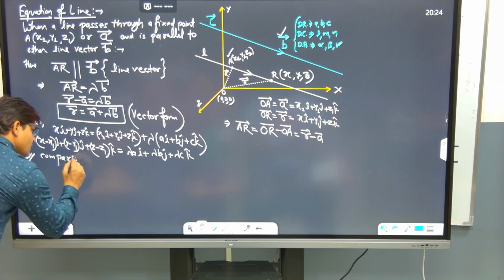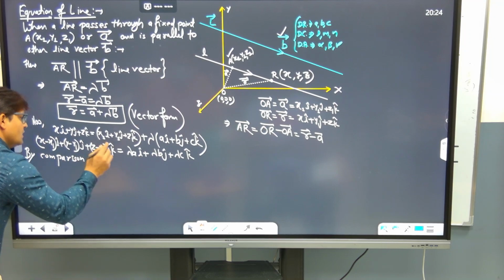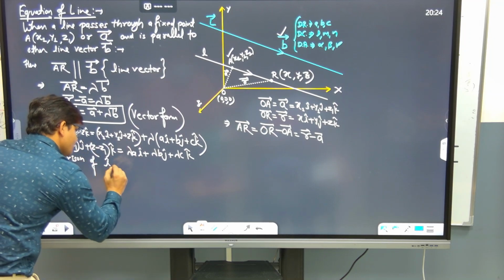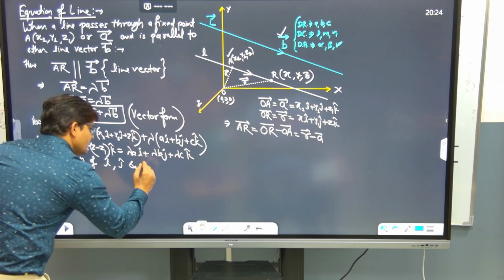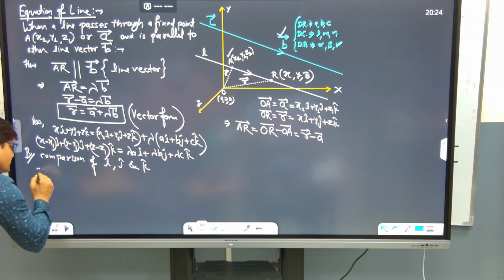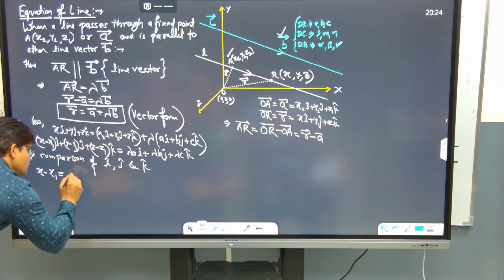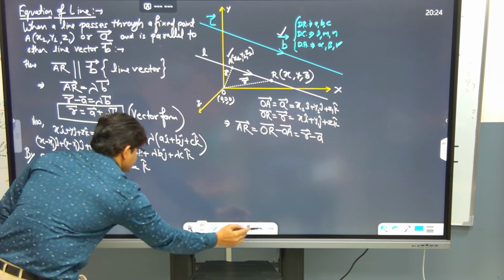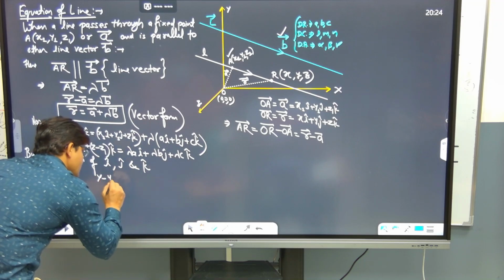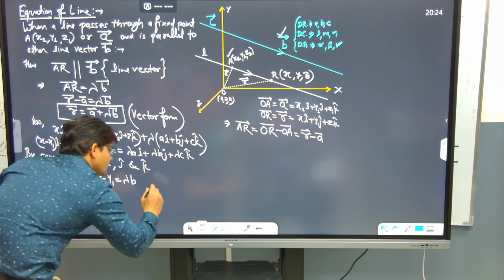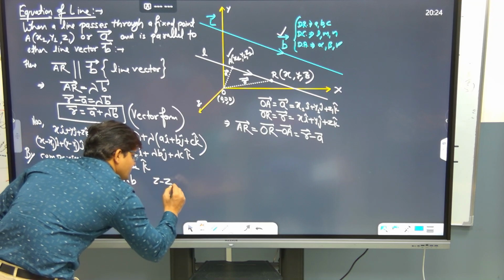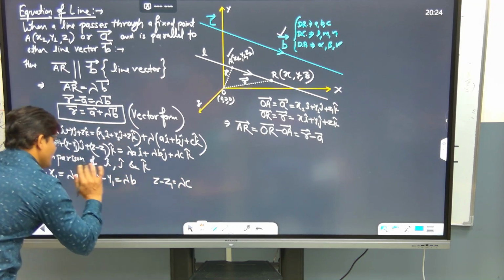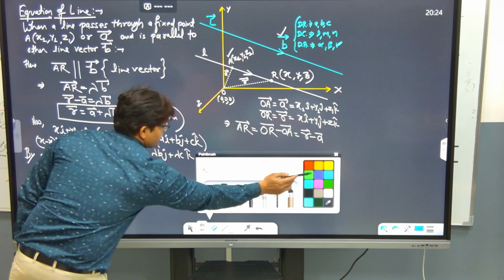By comparison of i-cap, j-cap and k-cap, we have three different things. First, x minus x1 equals lambda a. Second, y minus y1 equals lambda b. And third, z minus z1 equals lambda c.